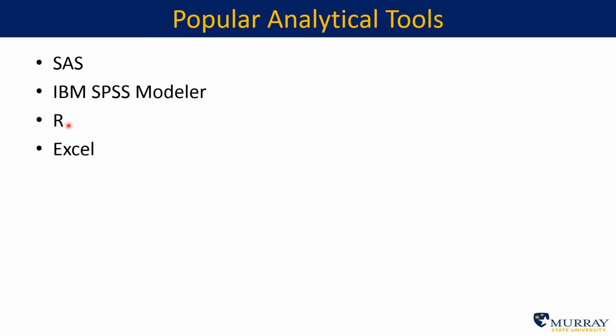R is a programming language, and some experts predict that R will quickly become the de facto language of data science, data analysis. One good thing about R is that it's open source and there's a library for pretty much anything. Regardless of what you want to do with data, be it text mining or web mining or anything else, chances are very high that you will find a library written for that.